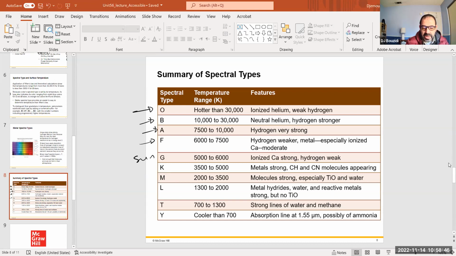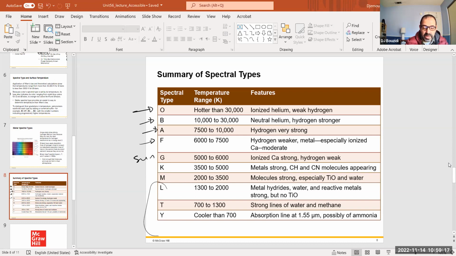For K classifications, you have metal strong, hydrocarbons, and CN molecules appearing, for stars that are very, very cool compared to the sun. M classification, this is, by the way, where our neighbor Proxima Centauri is. Molecules strongly, titanium oxides and water start to form because the temperature is very low.